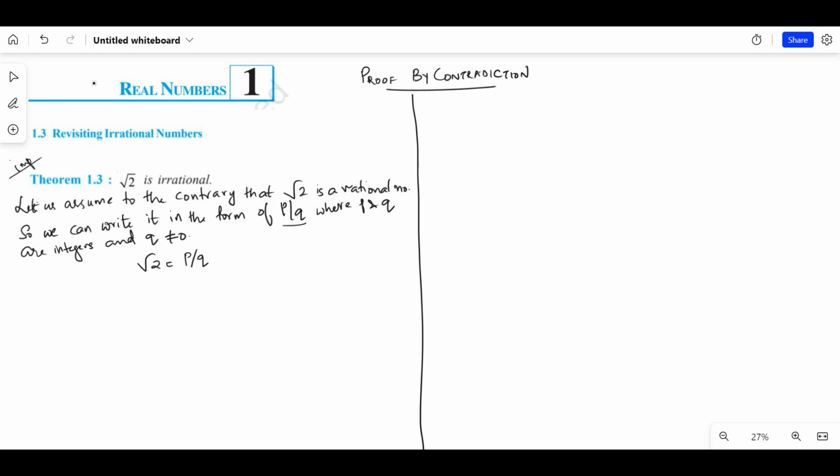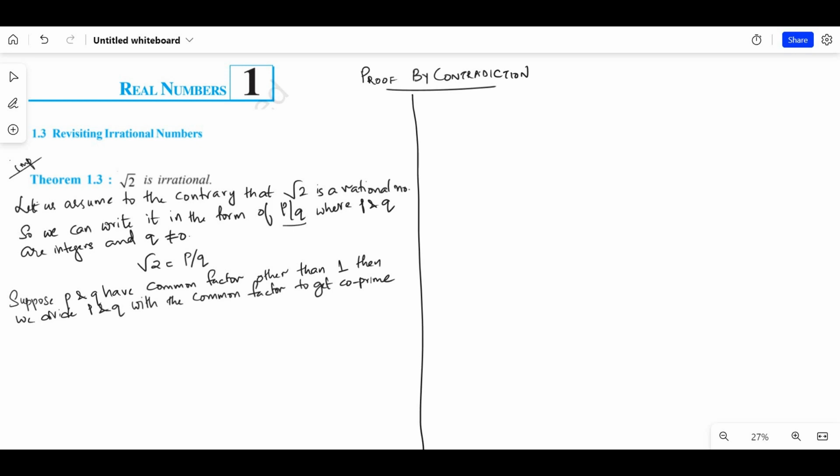Suppose P and Q have common factors other than 1, then we divide both P and Q by the common factor to get co-prime integers A and B. Co-prime integers are those integers which have only one common factor, that is 1.